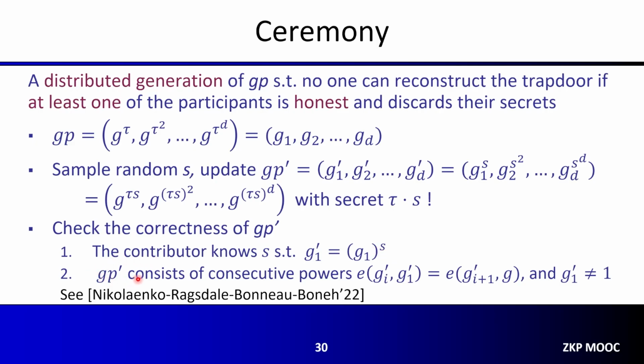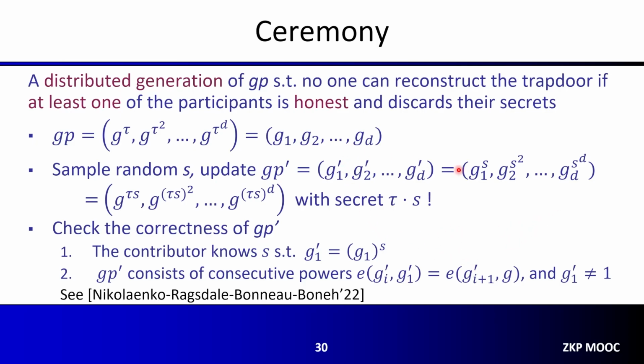And another check we need to do is that after this computation, GP prime should have the form of consecutive powers of this generator raised to this new secret. And this can actually be checked efficiently using pairing. There's a simple check. We can do the pairing between gi prime and g1 prime, and that should equal the pairing between gi plus 1 prime and g, for i equals 0 all the way to d minus 1.